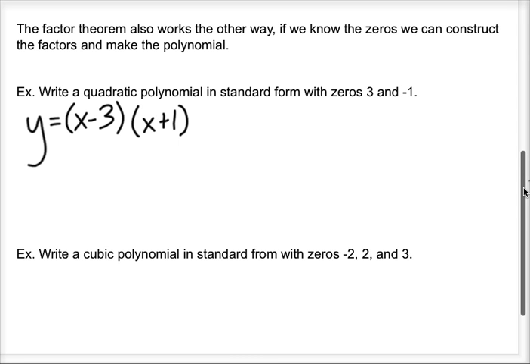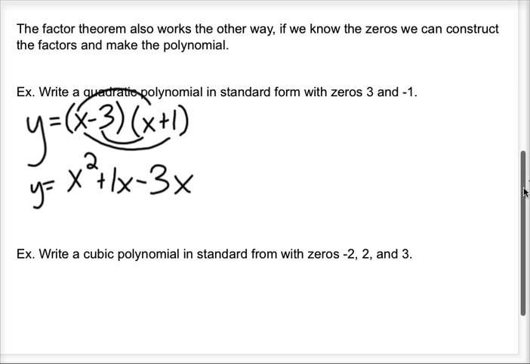Now notice, it says it wants it in standard form. Well, how do we get this in standard form? Well, we can FOIL this out. X times x is x squared. X times 1 is 1x. -3 times x is -3x. -3 times 1 is -3.